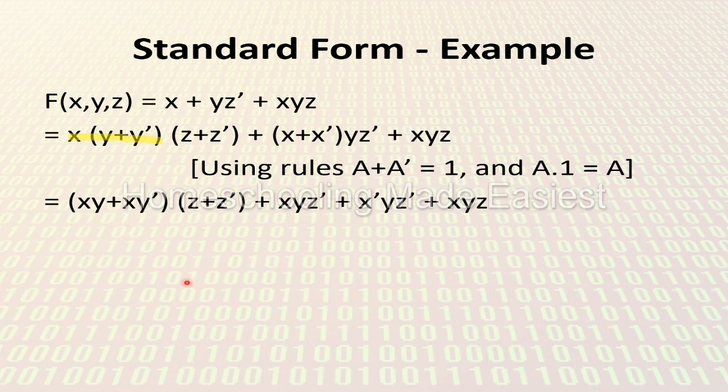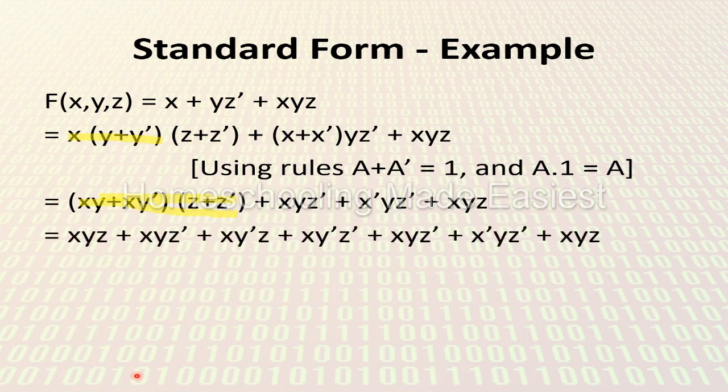If we multiply these two terms, xy times z is xyz, xy times z prime is xyz prime, and then we have xy prime z, and xy prime multiplied with z prime gives us xy prime z prime. And then we just copy the remaining here.